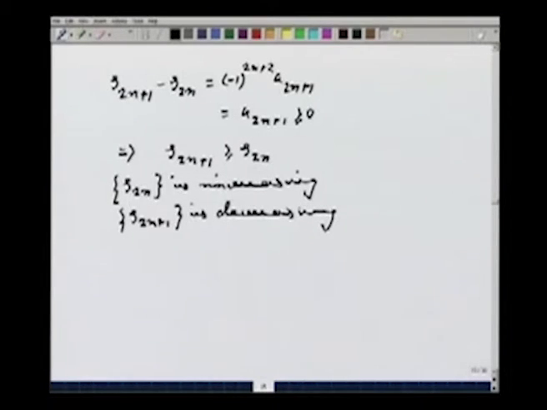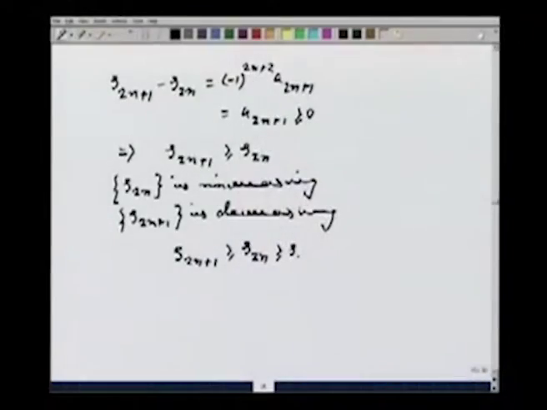Since S2n is increasing, all the higher terms are bigger than the first term, which is S2, so S2n is bigger than or equal to S2.